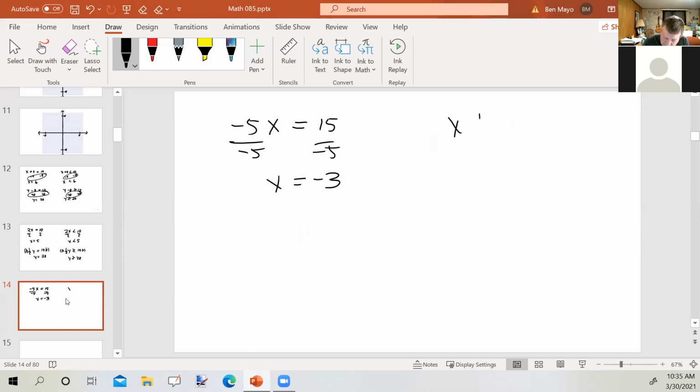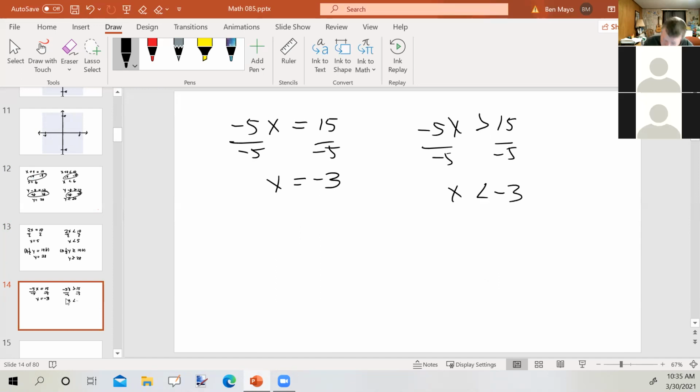But to solve this inequality, if you divide both sides by a negative number, does anybody remember what happens if you divide both sides of an inequality by a negative number? The sign flips. The sign flips, right. Likewise, if we have, let's say, negative 1/2 y equals 4, we'd solve this by multiplying both sides by negative 2.